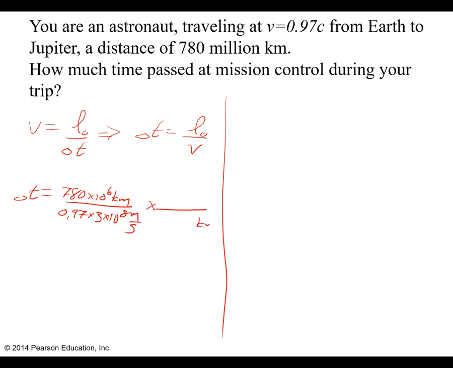Again, we have that same issue. We're dealing with kilometers on top and meters on the bottom, so we have to convert the kilometers to meters. And when we do that, calculate everything, you get that it took 2,680 seconds, which is equal to 44.7 minutes.